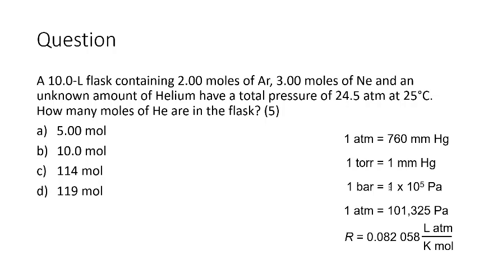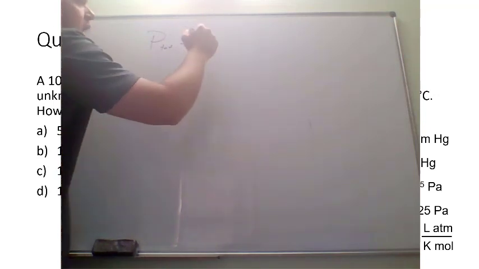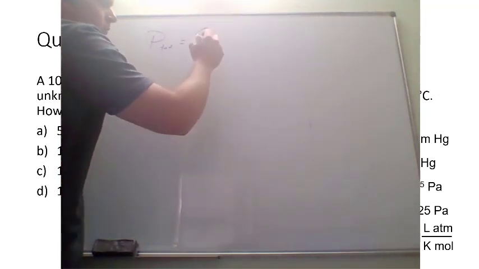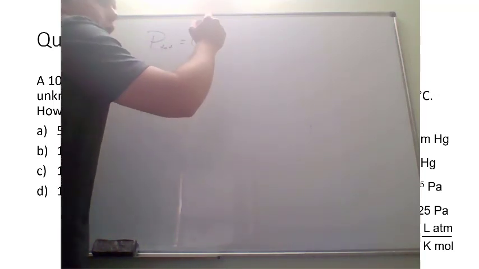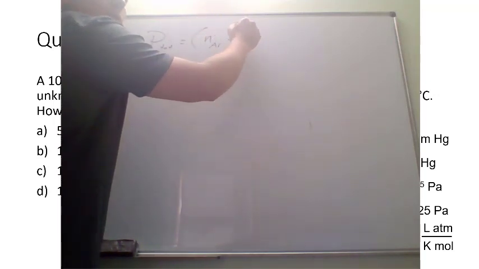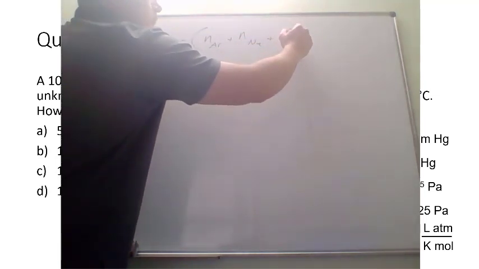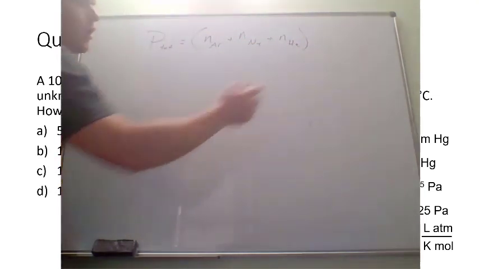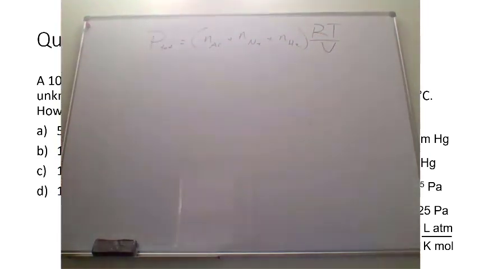Okay, so here we're going to use our Dalton's law of partial pressures definition, that the pressure total is equal to the summation of our number of moles. So in this case, we're going to have moles of our argon plus moles of neon plus our moles of helium times RT over V. Okay?